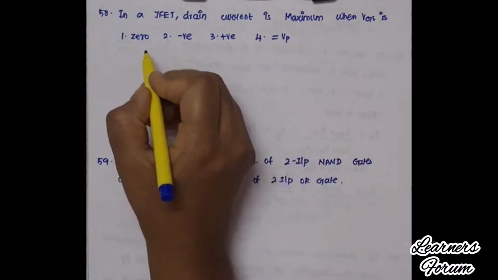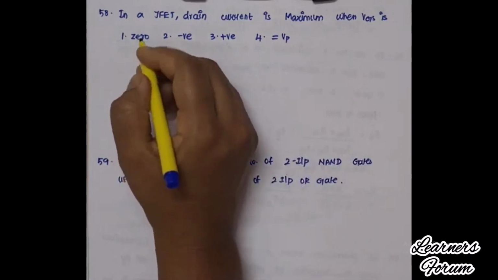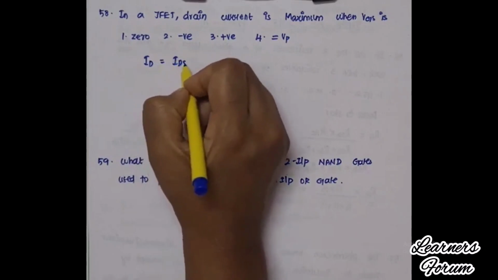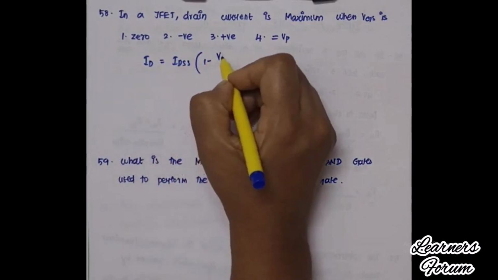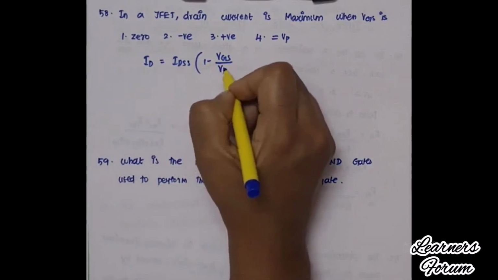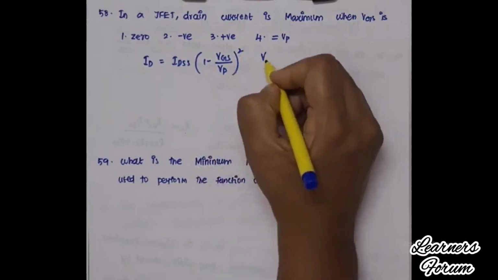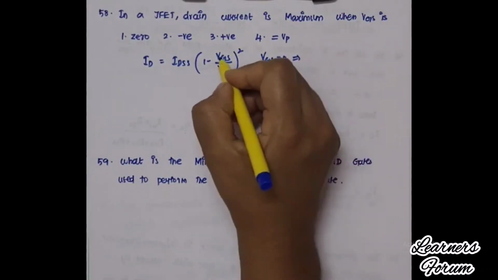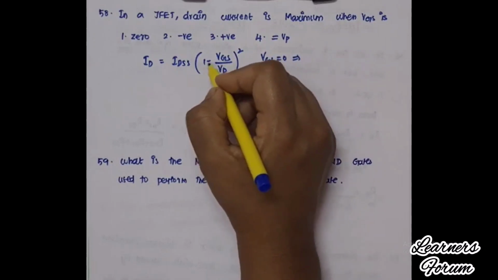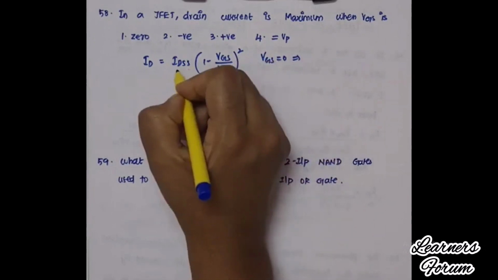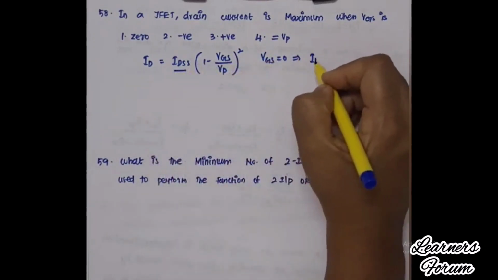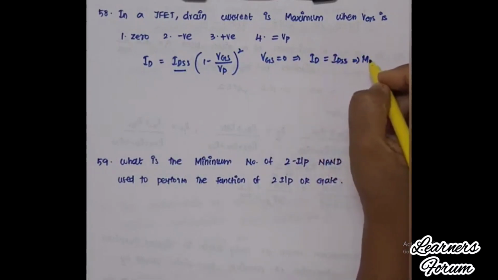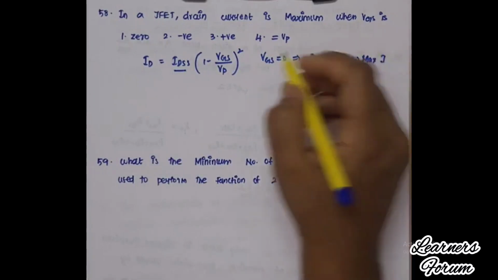To solve this question, we need to know the formula for drain current, which is given by ID is equal to IDSS into 1 minus VGS divided by VP, the whole square. Under this equation, VGS refers to gate source voltage. Whenever it is given as 0, substituting this, we will get it as 1 minus 0, which is equal to just the value of IDSS, which is the maximum value of current possible.